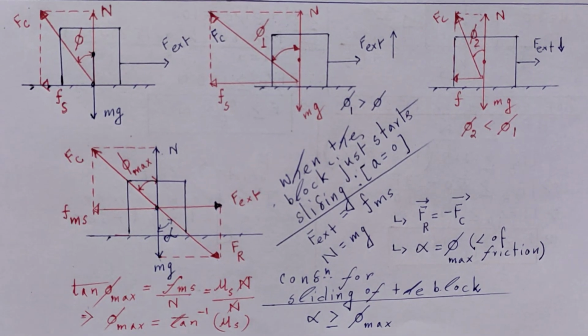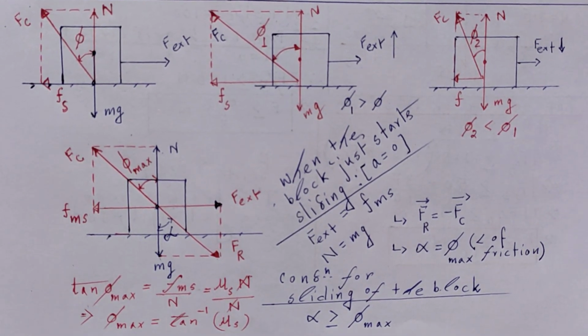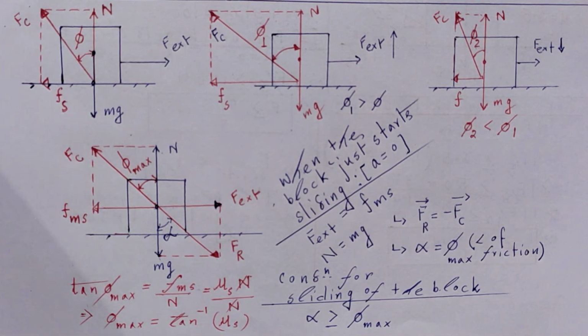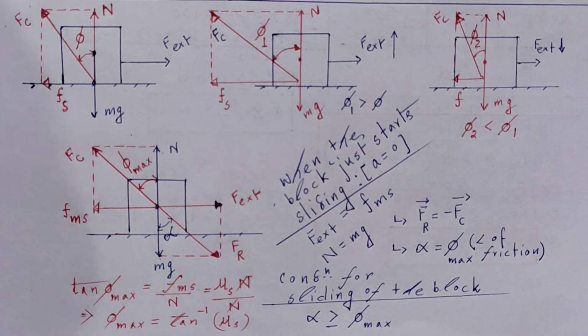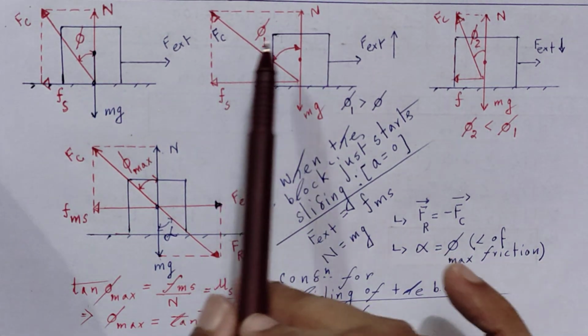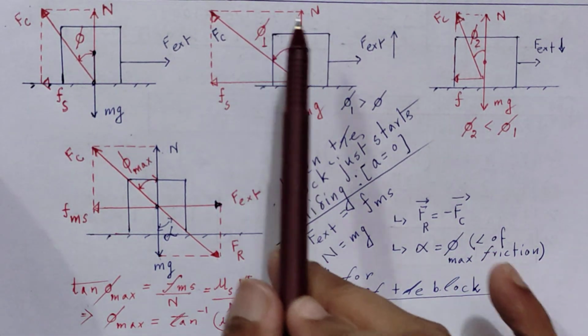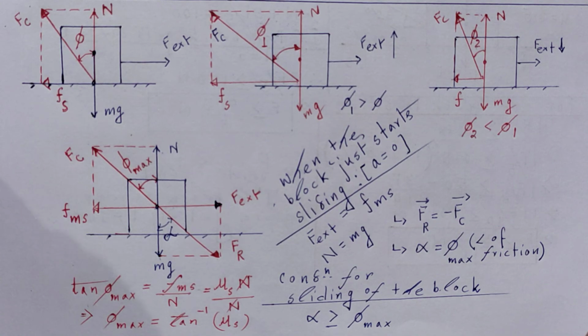I hope all of you understood these fundamental concepts of friction that many of you have problems in. I have experienced this while teaching my students, that many students don't understand this very basic idea. Whenever they draw this angle, they think this is the angle of friction. First of all, that is not true.